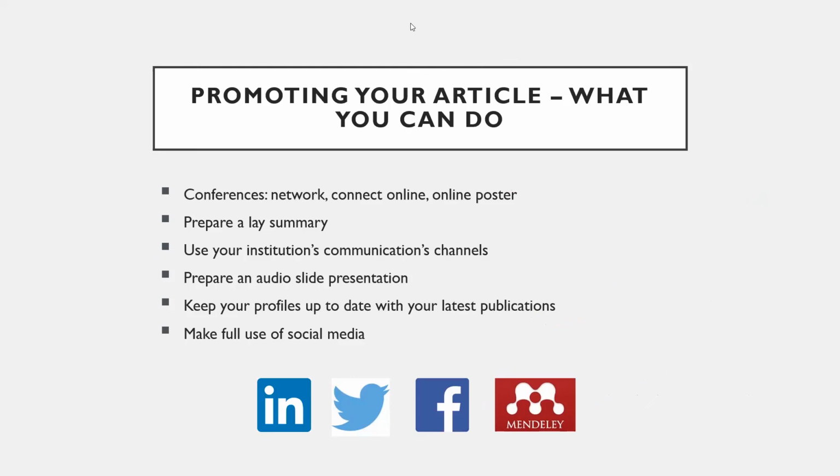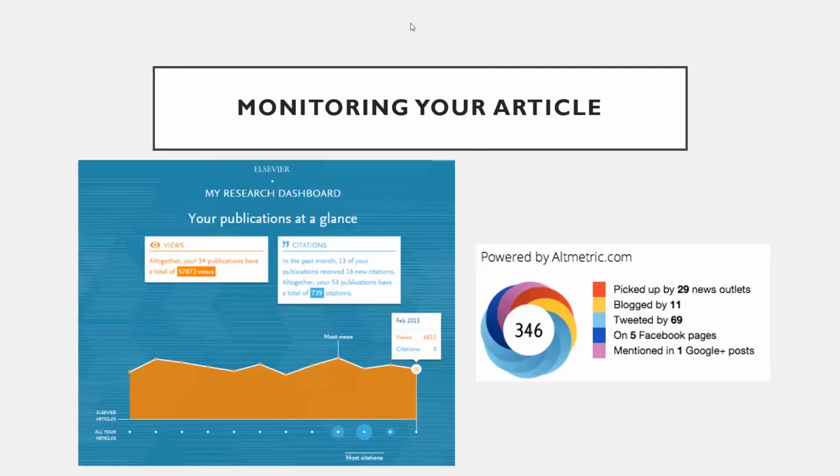That means when you share your published paper on different platforms, you maximize the paper's impact, and you will get more citations as well. The last thing: some platforms provide you a dashboard to monitor your article.